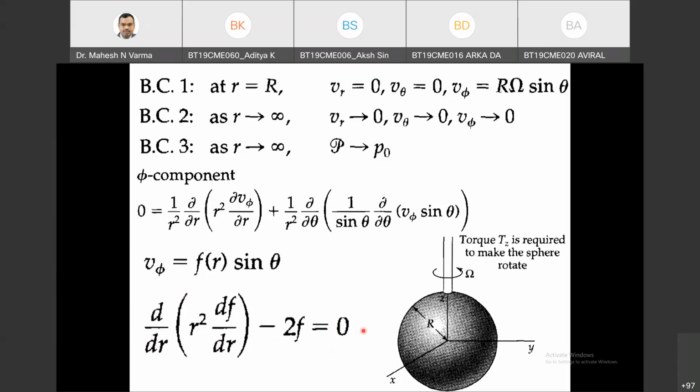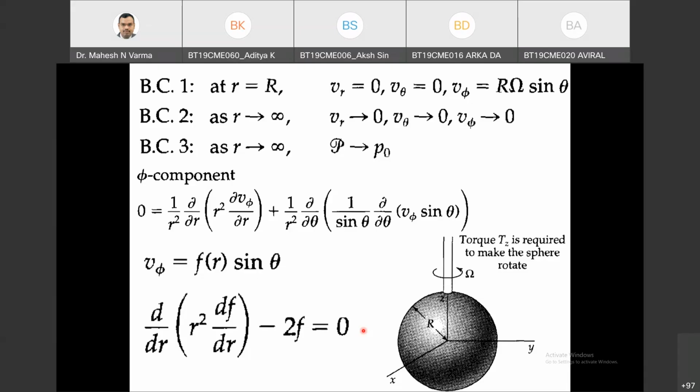If you go into mathematics, d2 f by dr square minus f of r equals 0. This is a standard differential equation, and it has a standard solution. Standard differential equations or standard solutions are given.